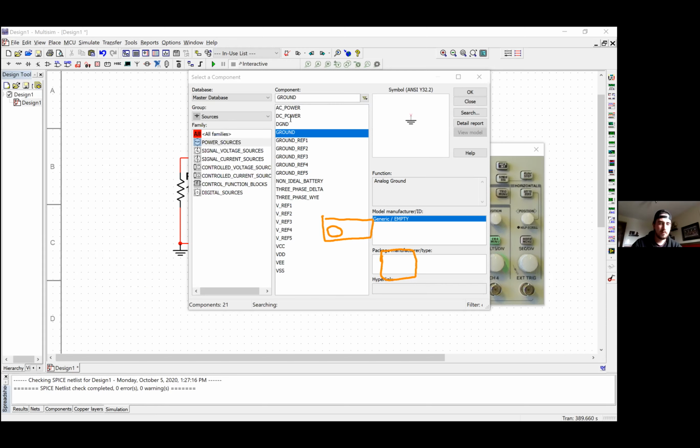Okay. Uh-oh. The computer thinks that I want to do something else. I have to move this out of the way.